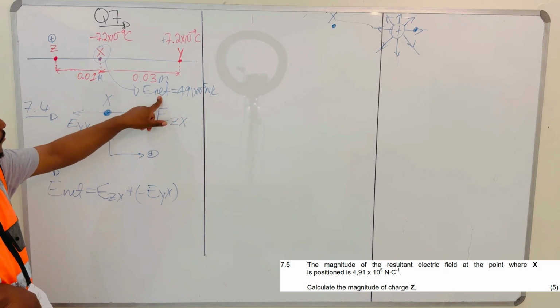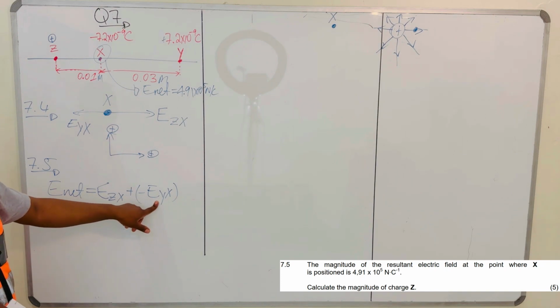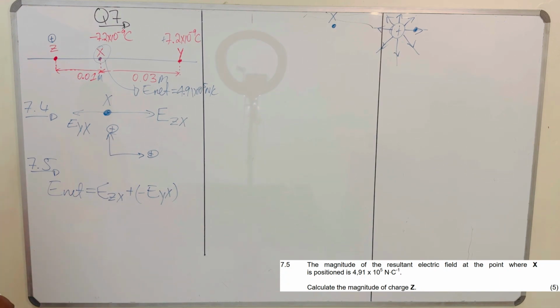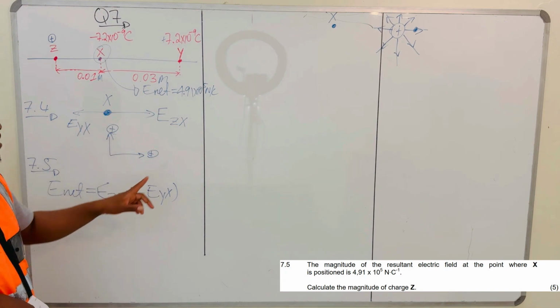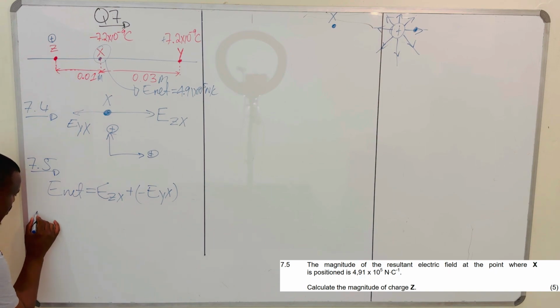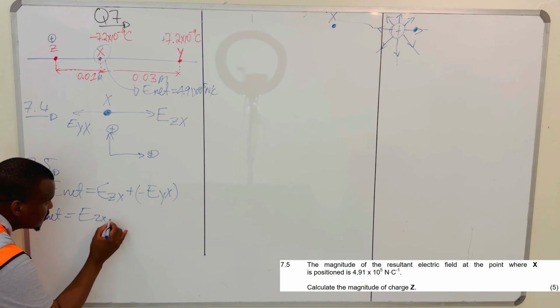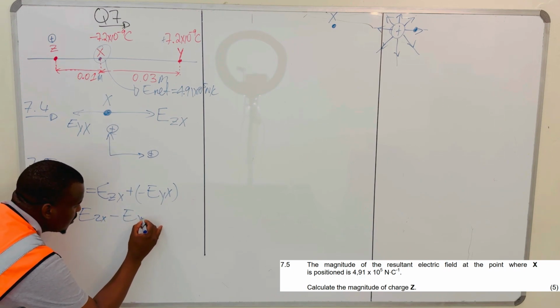So my net electric field E net is equal to the electric field at X due to Z minus the electric field at X due to Y. No problem, because this one is positive since it's going to that side, and this one is negative because it's going to this side. So E net is equal to E_Z at X minus E_Y at X.